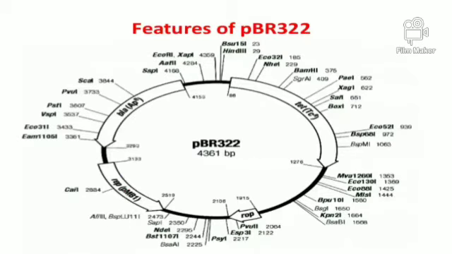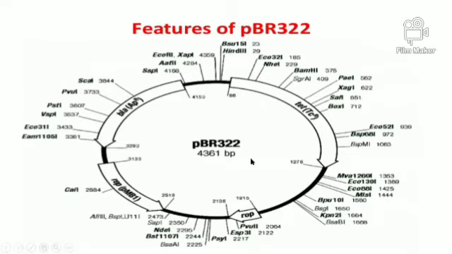So this is the diagram for pBR322. It is a double stranded circular self-replicating plasmid inside the host cell that produces a new type of plasmid. We have different types of sites for insertion of the desired gene.